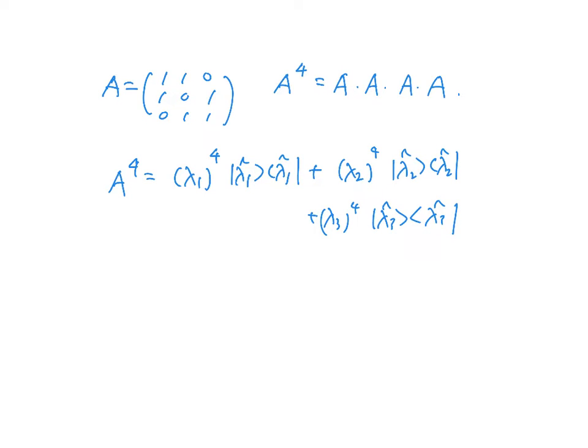So lambda 1 is minus 1, and minus 1 to the 4th is just 1. Lambda 2 was 1, so 1 to the 4th is only 1. Lambda 3 is a little more complicated: 2 to the 4 is 16.